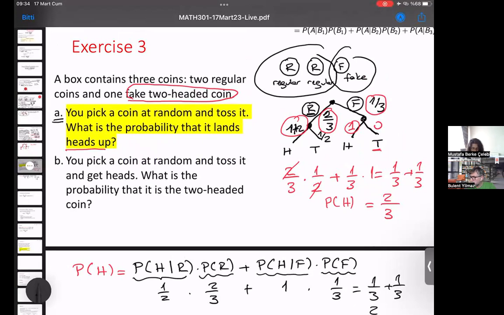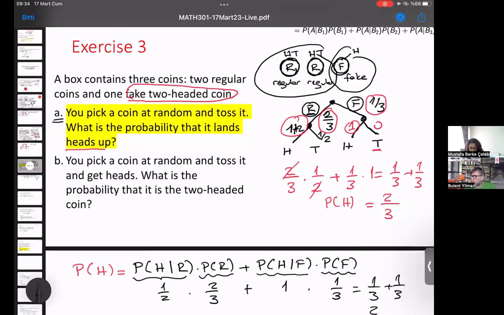So there are 2 regular coins and 1 fake coin. Regular coin means I have heads and tails with the same probability, which is 1/2. What's the probability of obtaining heads when it's fake? It is 1, only heads.